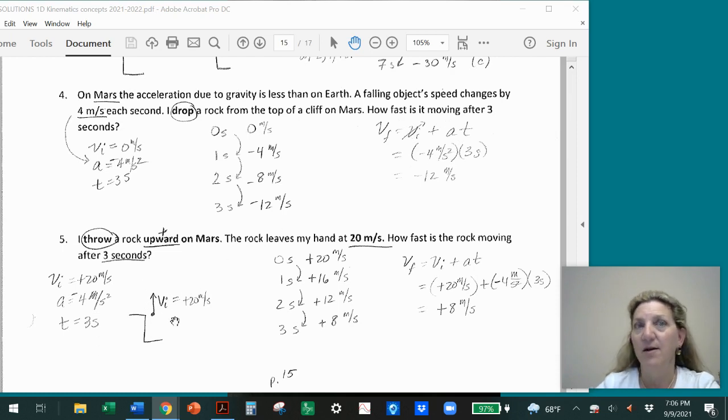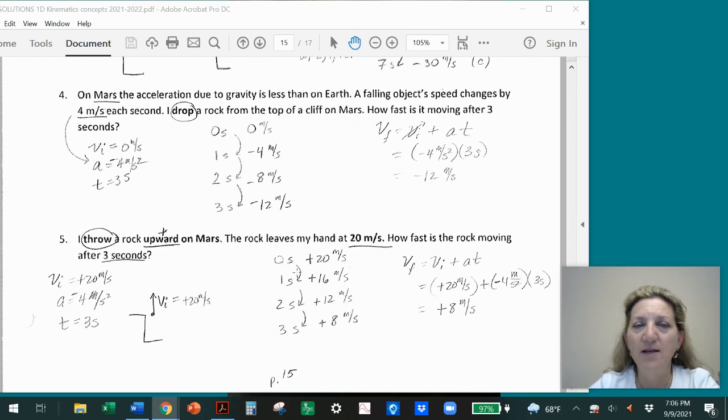But how about, again, one of these throwing a rock upward on Mars? The rock leaves my hand at 20 meters per second. How fast is the rock moving after 3 seconds? I'm throwing it upward, so it's a positive 20 meters per second. My acceleration downward is -4 meters per second squared, and the time is 3 seconds.